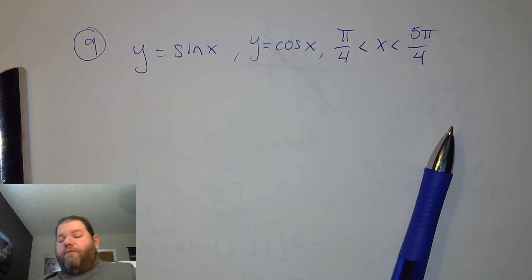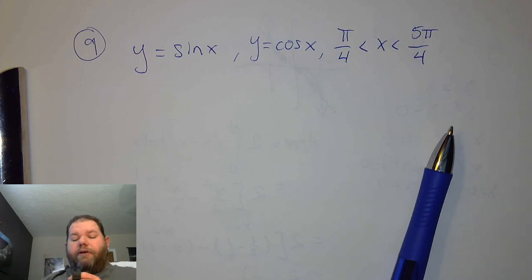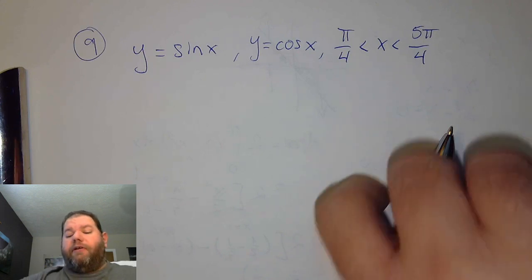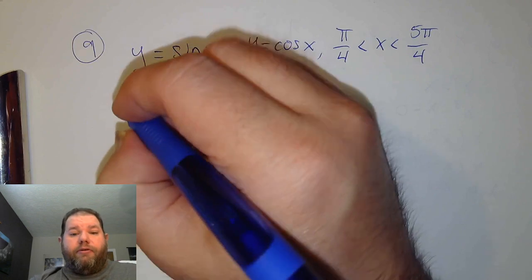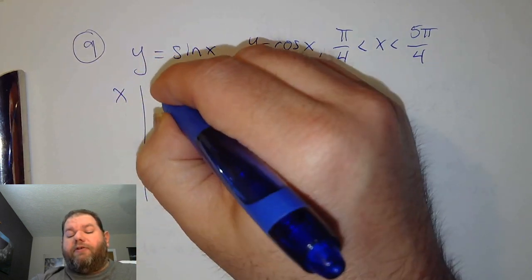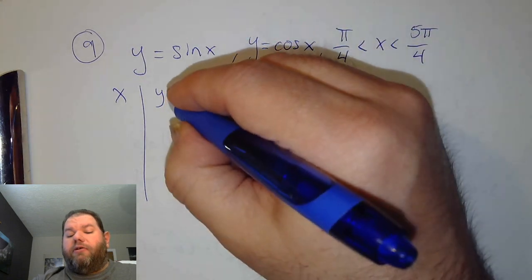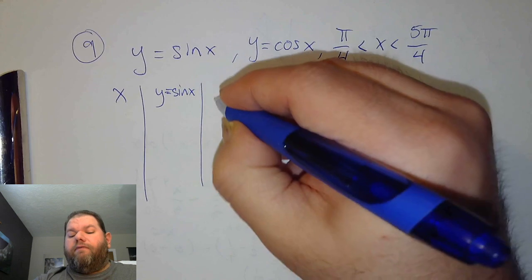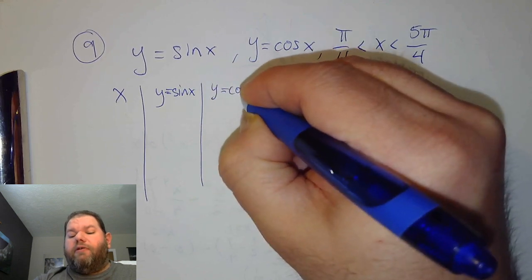Now this time we have one that includes these trig functions, sine x and cosine x in this case. Now we want to be able to graph these, and as I recommended in other problems that involve trig functions, I would suggest making just a t-chart for each of the functions.